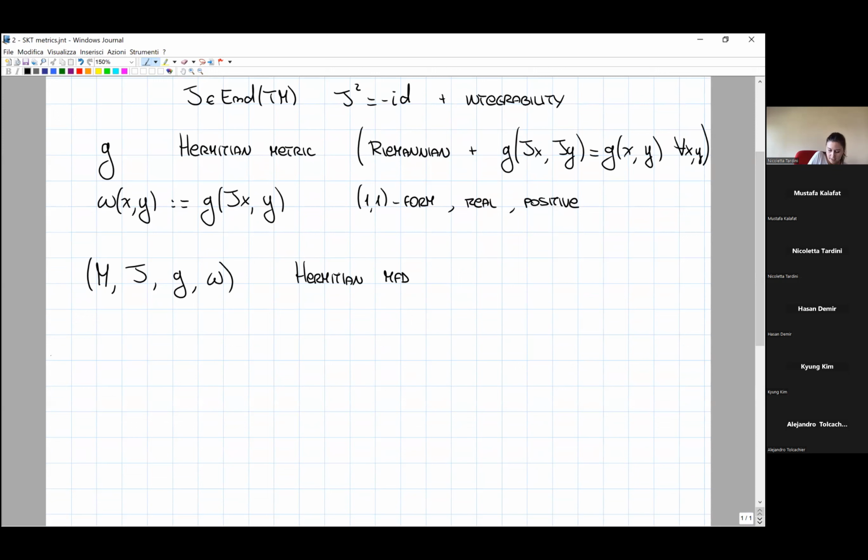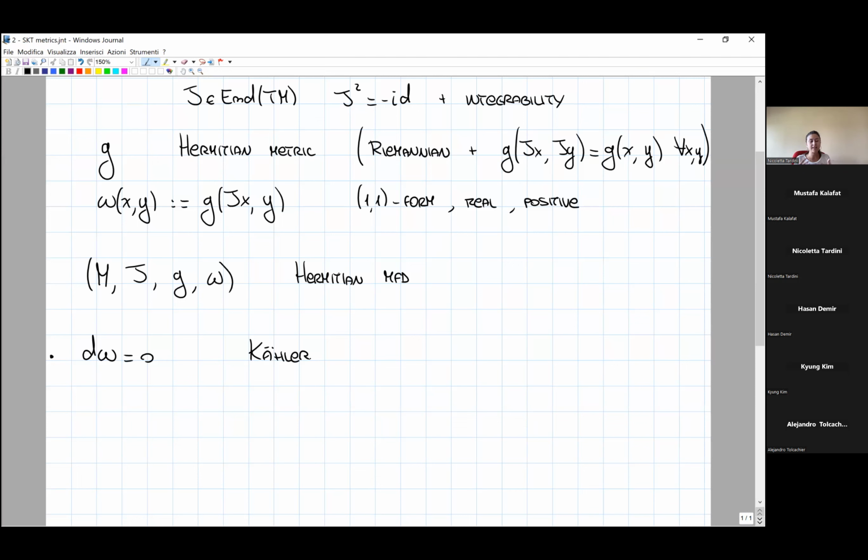So we said that if omega is closed, which means that we have a non-degenerate two-form that is closed, so we have a symplectic structure, we call the metric Kähler. But the Kähler condition is very strong. If you have a Kähler metric on a compact complex manifold, you get very strong topological restrictions on the manifold.